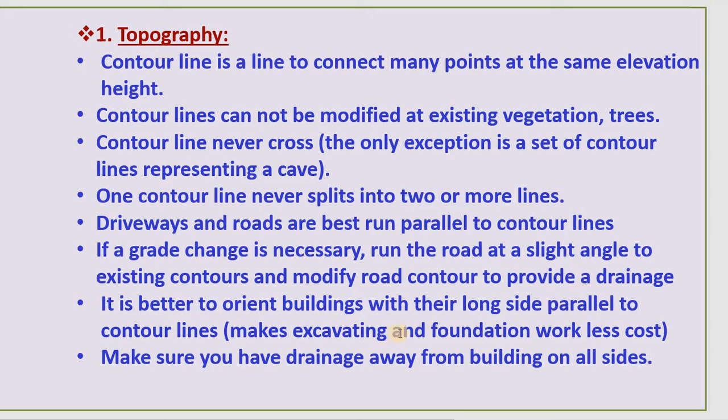It is better to orient buildings with their long side parallel to the contour line. Don't do it perpendicular, because it causes a lot of problems with the slope. Make sure you have drainage away from the building on all sides. When you see a contour map with a lot of lines close together, try to design your buildings far away from those contour lines.